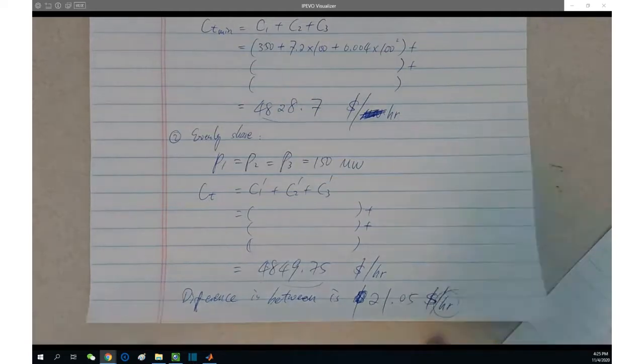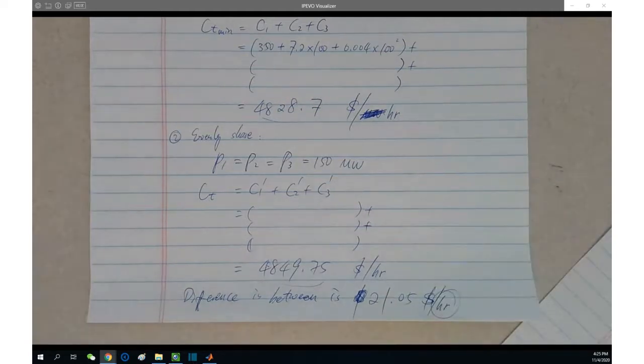This is $21 per hour. Every single hour, there's a $21 difference. You count how many hours you are using power. So basically one lecture, how much money are we saving? One lecture we are saving about $30, right? So it's different, assuming we are using this amount of power, of course.